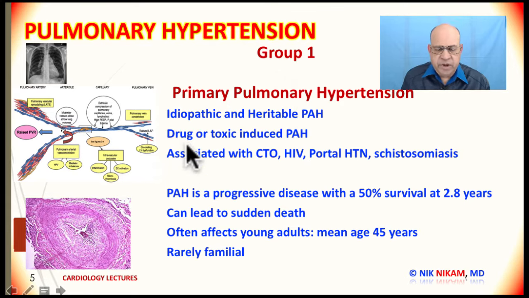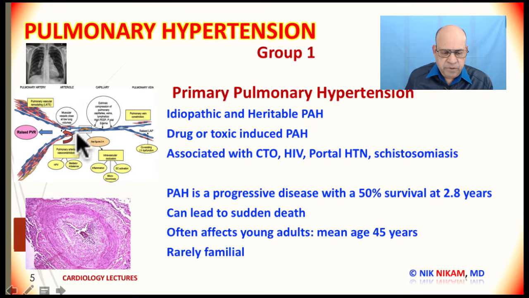Before we go any further, let us look at the pulmonary arterial, capillary, and pulmonary venous circulation, or the circuit. As we know, the main pulmonary artery divides into pulmonary branches, which divide into smaller and smaller pulmonary arterioles and arteries, and there is a dramatic change in the pulmonary arteries in patients with pulmonary arterial hypertension.